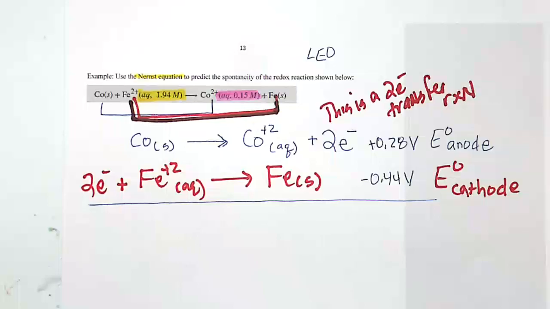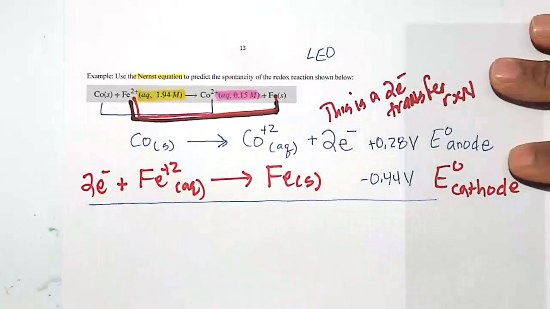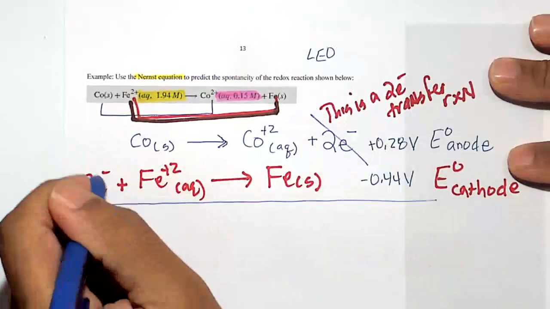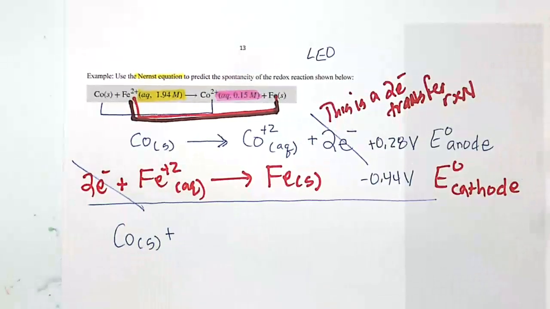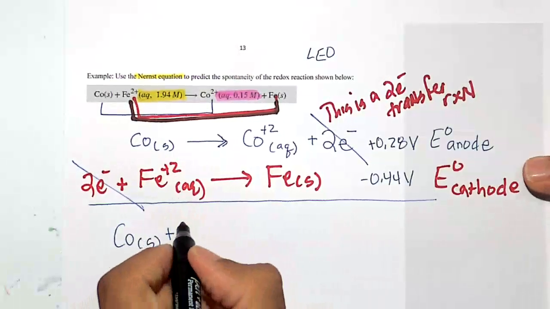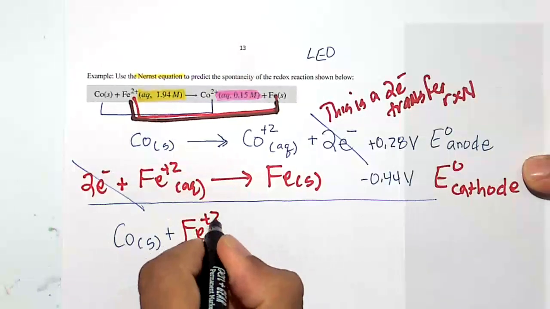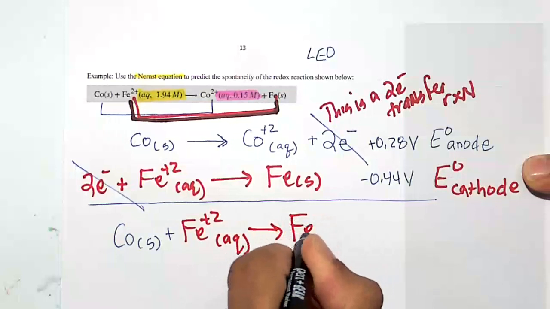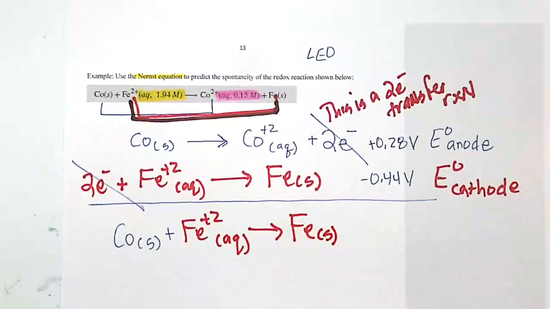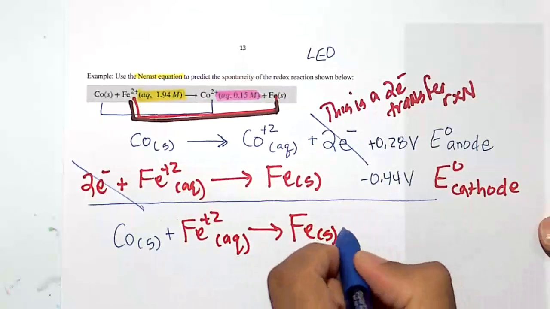So we don't need to multiply anything, 2e minus and 2e minus. So we have cobalt solid plus Fe plus 2 goes to Fe solid plus cobalt plus 2.